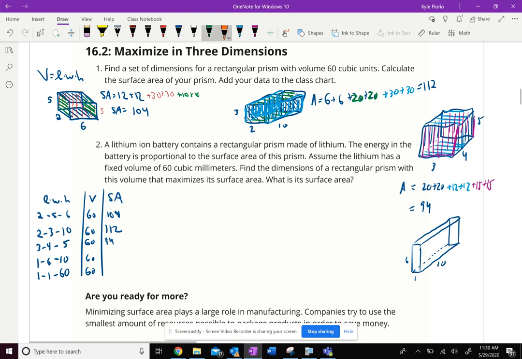Well, let's see. This face right here is 6 times 1, which is 6. So we have two 6s there. And then the top here is 10 by 1, right? Because this is 10 and this is 1. So we have two 10s. And that's because the bottom is also going to be 10.